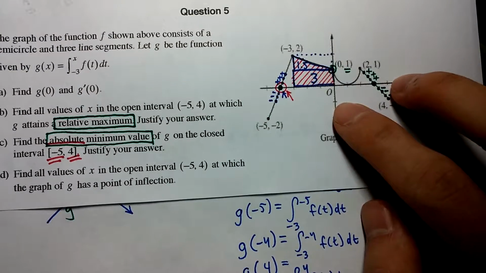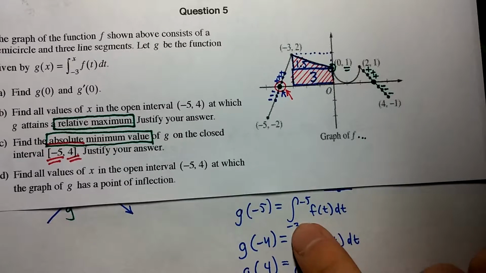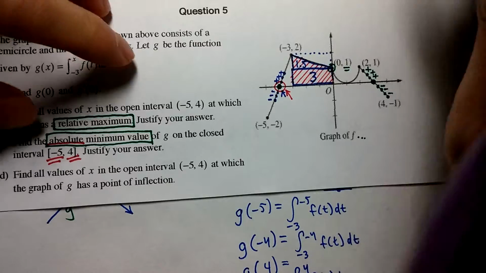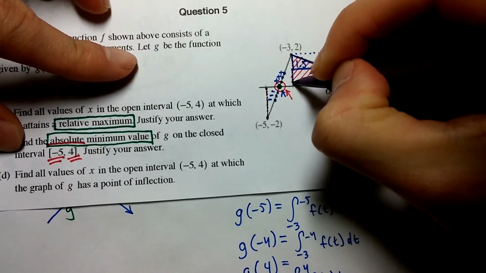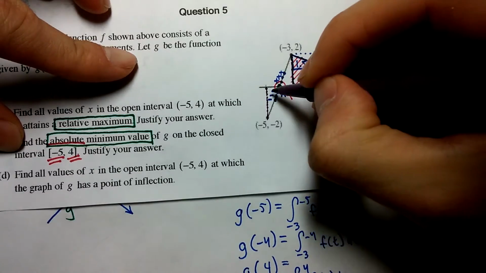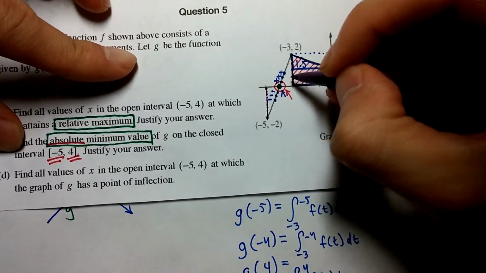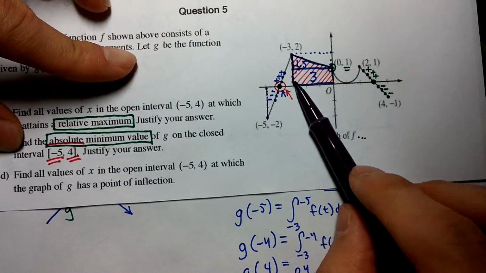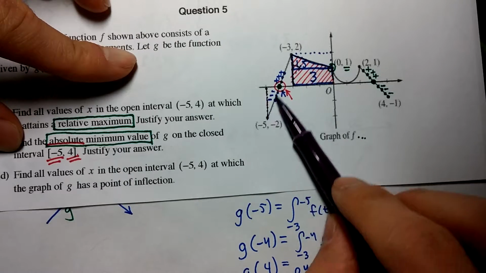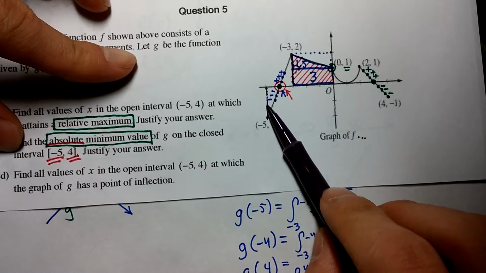Well, let's be real logical here. I like to travel from -3 to -5, which means I'm traveling from this moment all the way to this moment. Now, what do you notice about these two triangles? One triangle is above the x-axis, making it positive, and the other triangle is below the x-axis, making it negative.